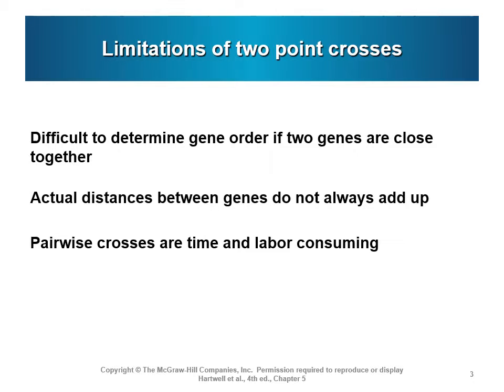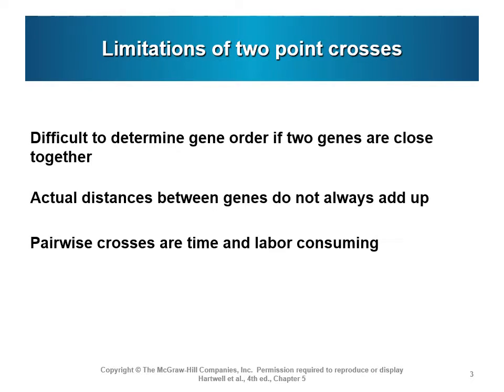Two-point crosses have some limitations, which include the difficulty to determine gene order when two genes are too close to each other, and also knowing the actual distance between genes, which we kind of saw already in the previous example, that the sum of the gene fragments is not always adding up to the same as the whole gene looked at simultaneously.